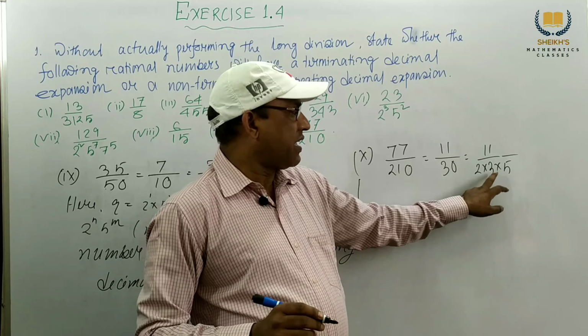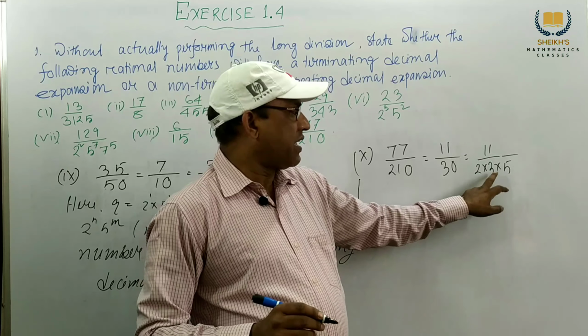If 3 is absent, then ultimately this is terminating. So here q equal to 2 into 3 into 5 to the power 1, which is not of the form 2 to the power n, 5 to the power m.